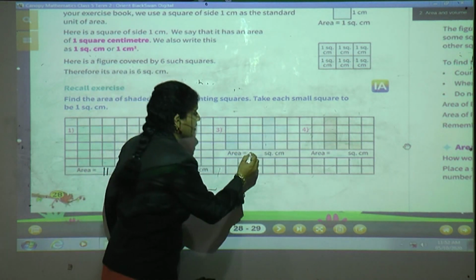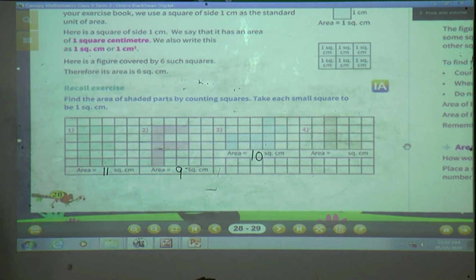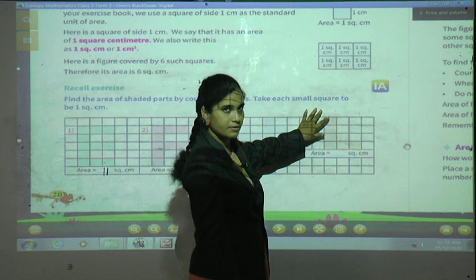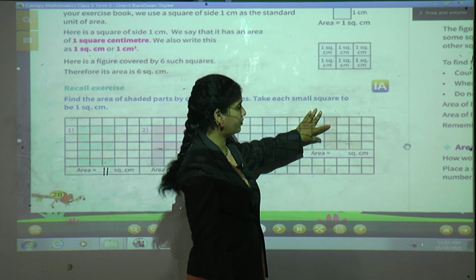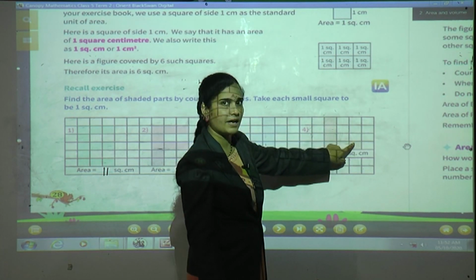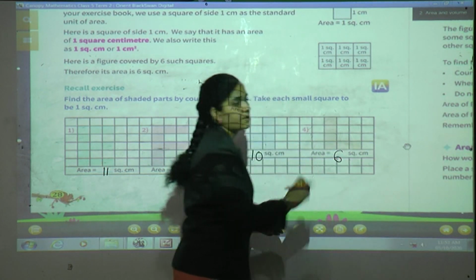So the answer is 10 square centimeter. Fourth one, count the shaded part. 1, 2, 3, 4, 5 and 6. So the answer will be 6 square centimeter.